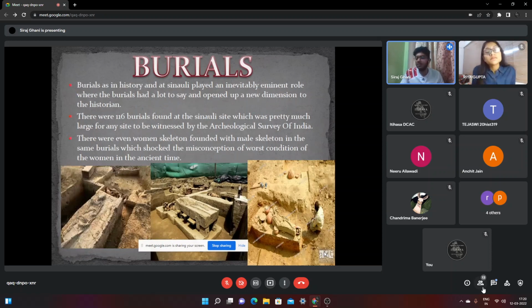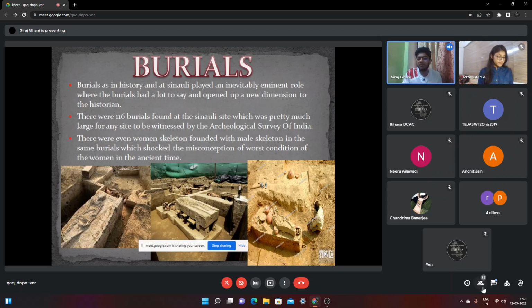Secondly, there was a primary burial wherein only one skeleton was put in with certain ornaments or other utilitarian or luxurious items which the person or the civilization was using at that time. Thirdly, there was a significant burial considered as the secondary burial, wherein two or more skeletons were placed in the same burial, and several ornaments and objects which were used by them were also placed.